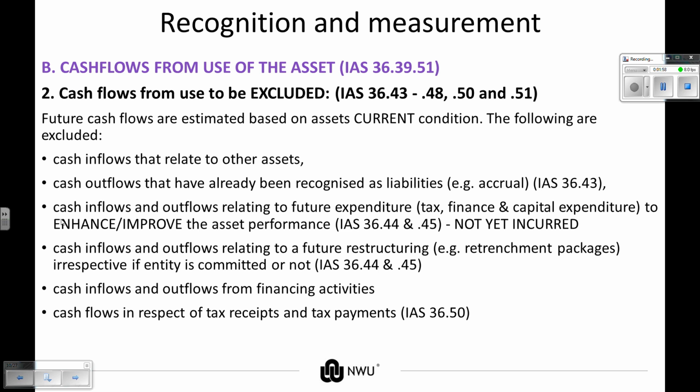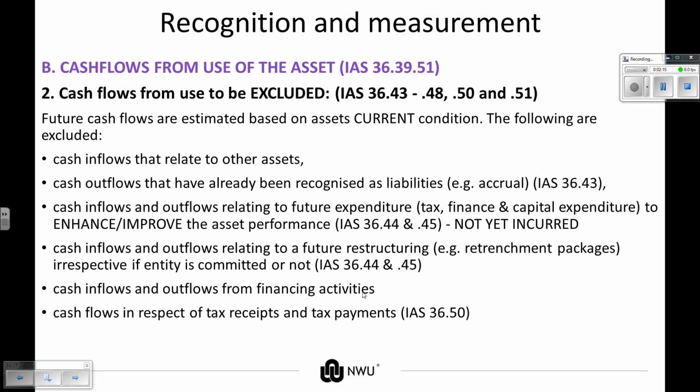Then cash in and outflows relating to future expenditure to enhance or improve the asset's performance. And then cash in and outflows relating to a future restructuring, irrespective if the entity is committed or not.